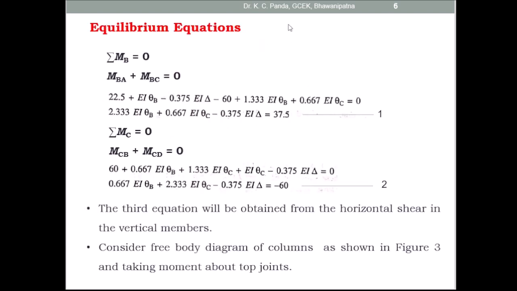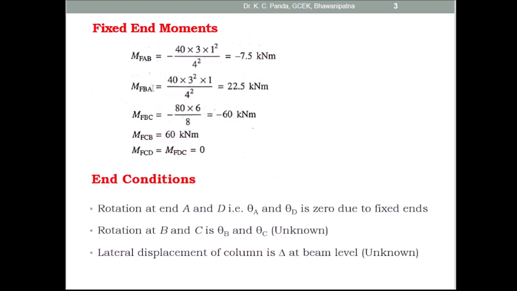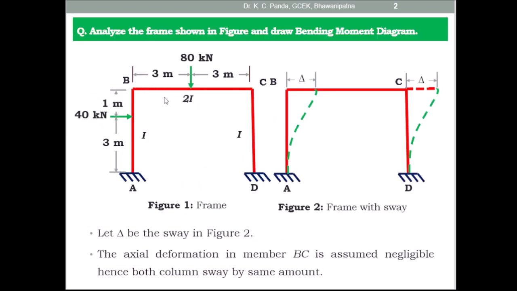Then coming to the equilibrium equations. Here you get the first equilibrium equation at joint B, that is the summation of moment at B is equal to 0. At joint B two members meet, BA and BC.